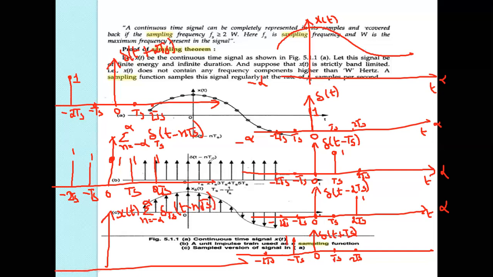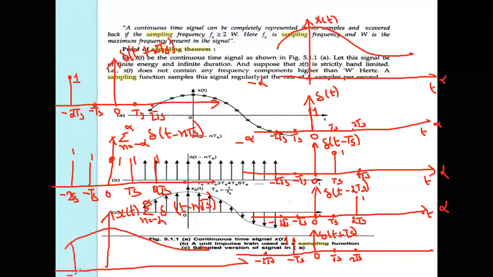Taking delta ts as a sampling version, without confusion. So the x of t, having some value, is multiplied with the 1, and we get x of t only.